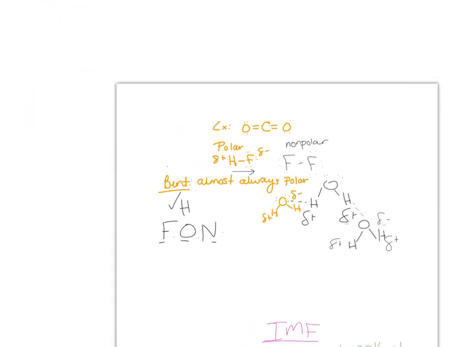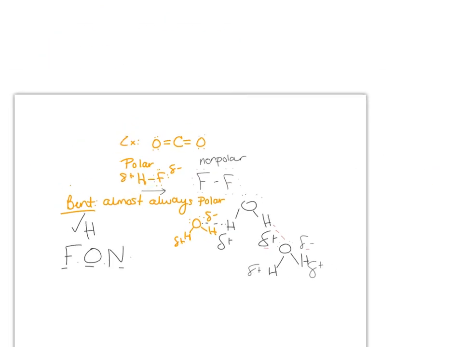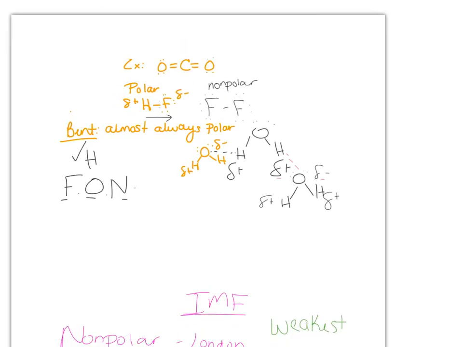So those are your IMFs, but in terms of just determining if it's polar or not, oxygen has a much higher electronegativity than hydrogen. Hydrogen's your partial positive, oxygen's your partial negative because of that. So the one that's higher with electronegativity is going to take on your partial negative charge, and the one that's lower will take on the partial positive here. So bent, normally speaking, is always going to be polar.